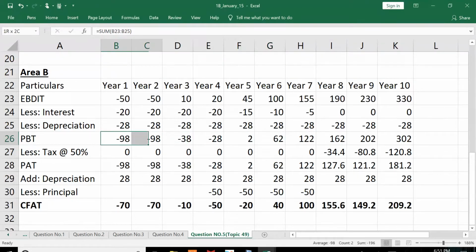No, 86 only. You will have to go to the positive number. 86, year 8. Till year 8.